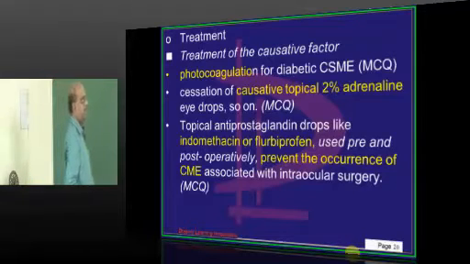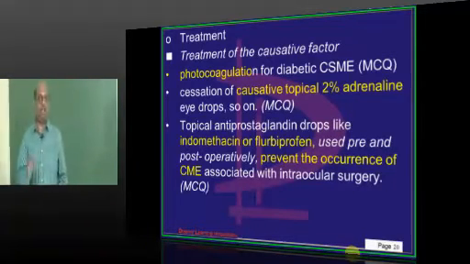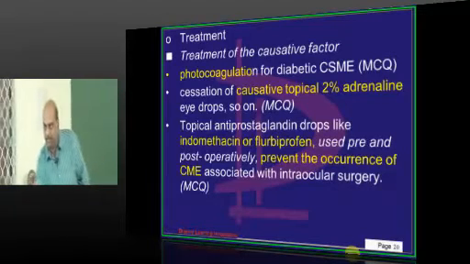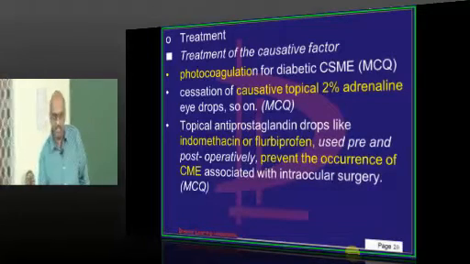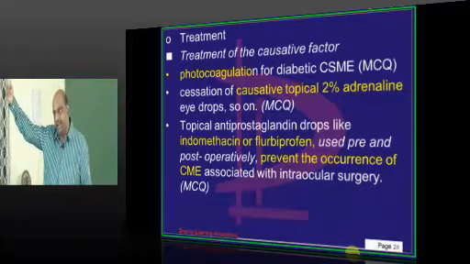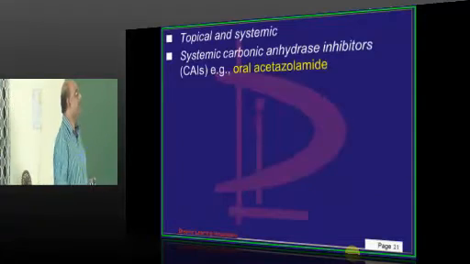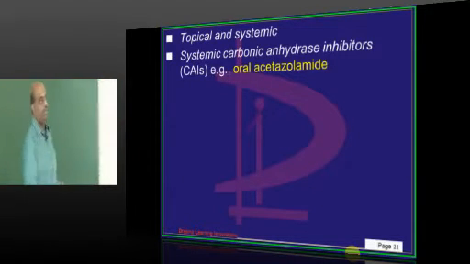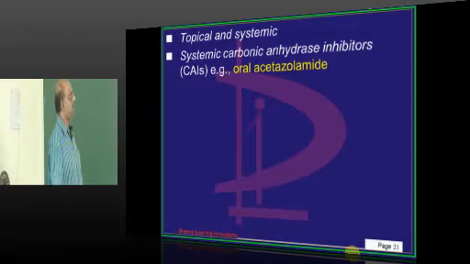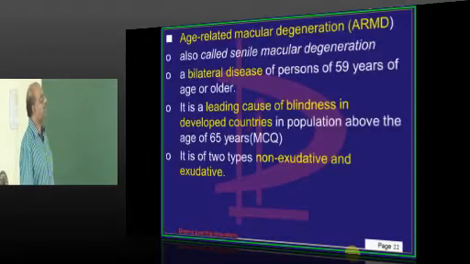Indomethacin, flurbiprofen, the topical anti-prostaglandin drops, if you use them before intraocular surgery, the chance of cystoid macular edema decreases. Epinephrine will increase it. So this is a very important MCQ to be remembered. You can also give oral acetazolamide, which is another available option.